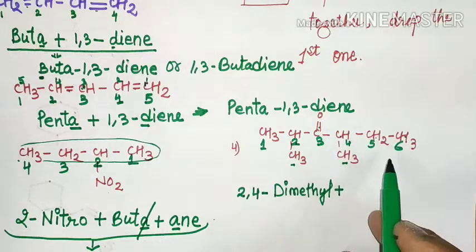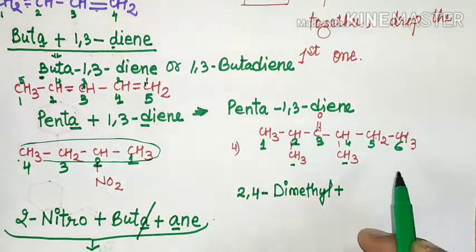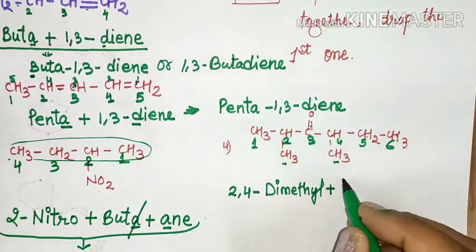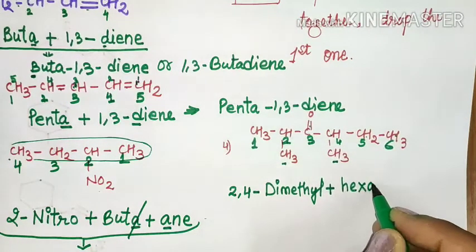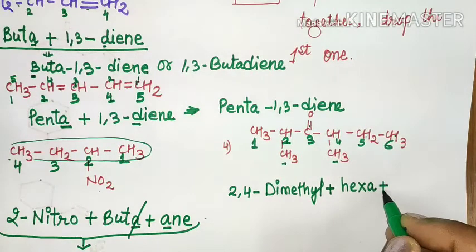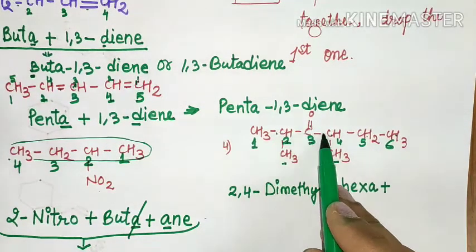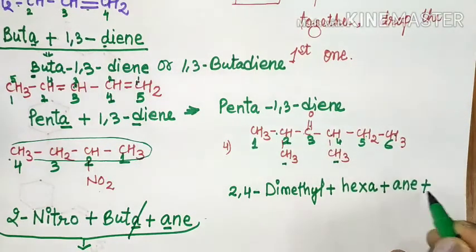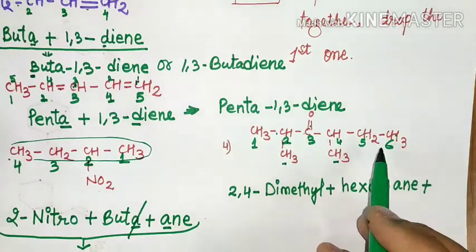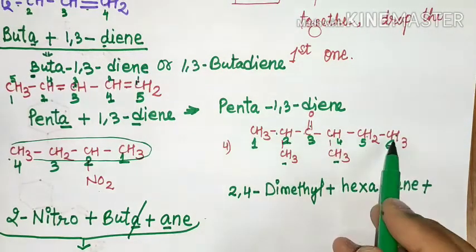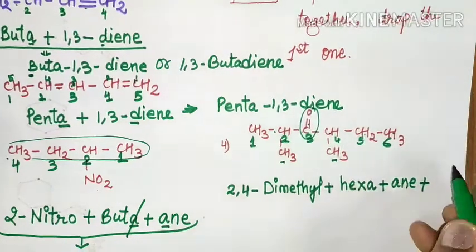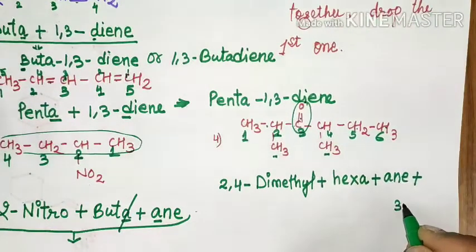The chain is not cyclic, so we will not write a primary prefix. Word root, 6 carbon atoms in the chain. For 6 we will write hexa, plus primary suffix. All the bonds are single, so ane, plus secondary suffix, which indicates the functional group present in the compound. Since in this compound the carbonyl ketonic group is present, indicating its position, we will write 3-one.